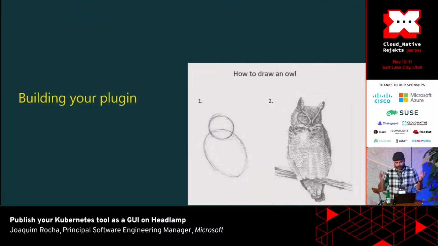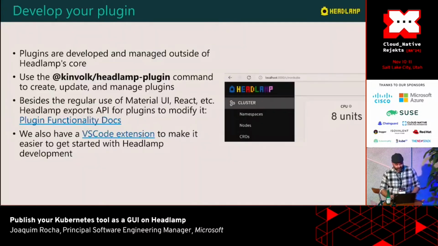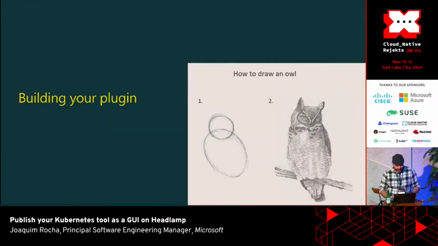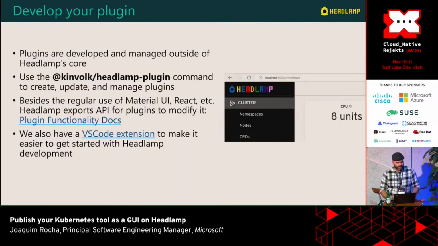And yeah, this is not a talk about how to build your plugin. It's about how to publish your plugin. But I cannot really talk about publishing the plugin without talking about building the plugin. So very quickly, and in the spirit of that draw, we have a tool called headlamp-plugin, an NPM tool.